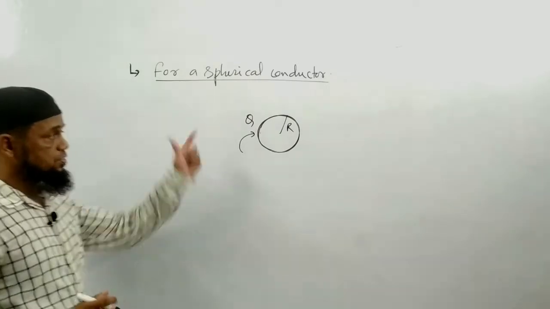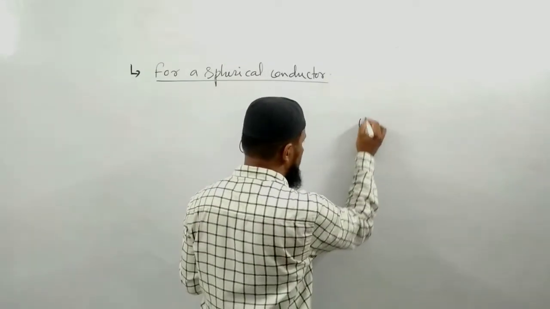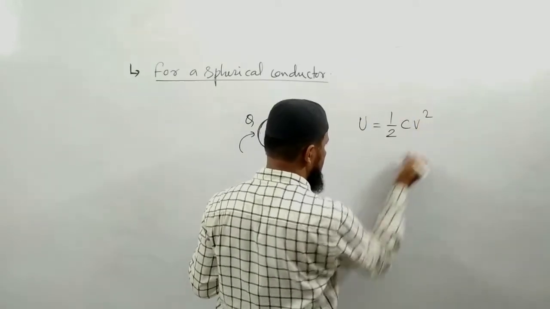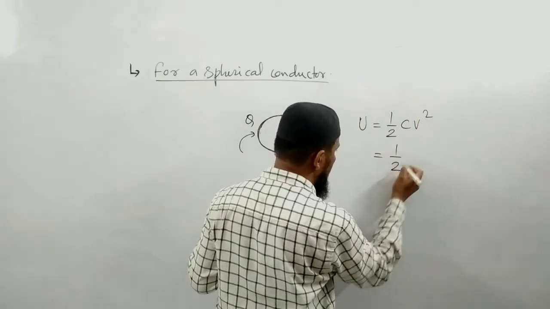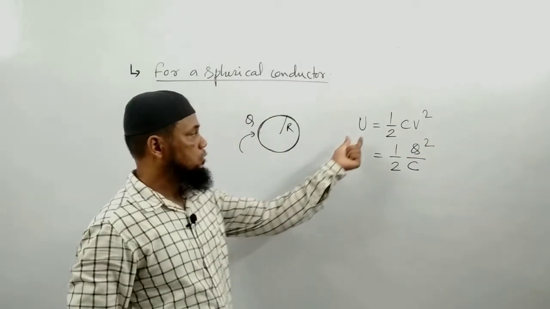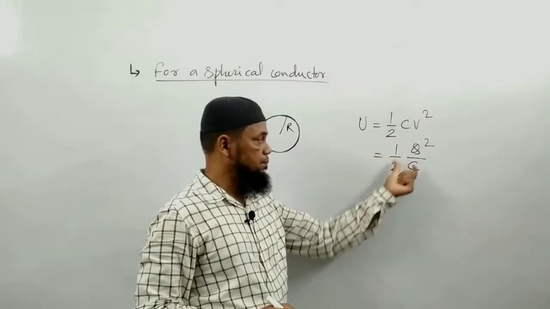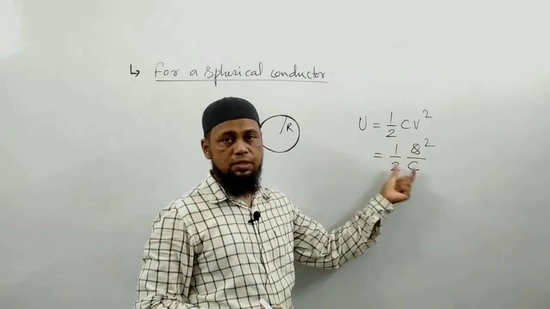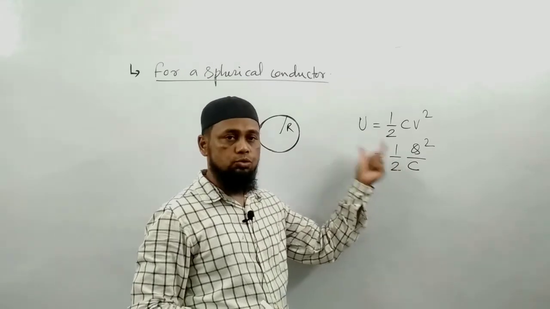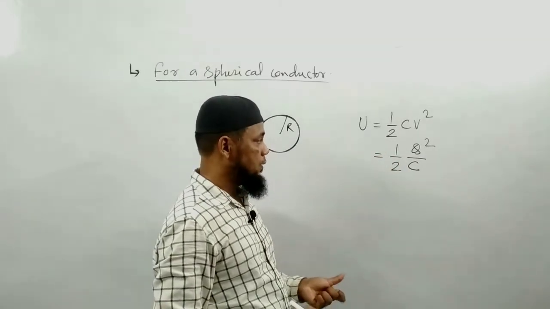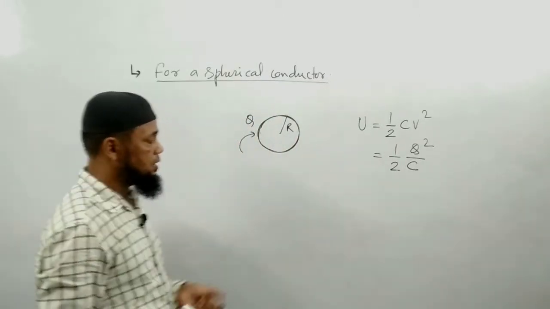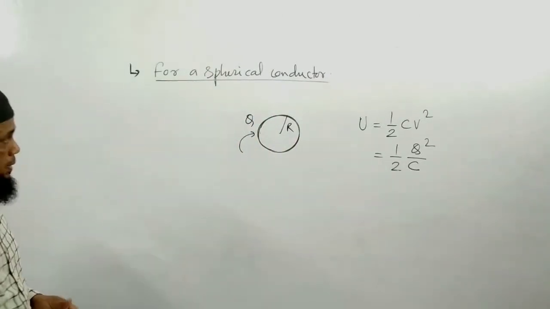In the previous expression, the energy between the two parallel plates, we have got half C V square or half q square by C. This is the energy stored in a parallel plate capacitor, but this expression of energy will hold good for any type of capacitors, let it be spherical capacitors, parallel plate capacitors or cylindrical capacitors.